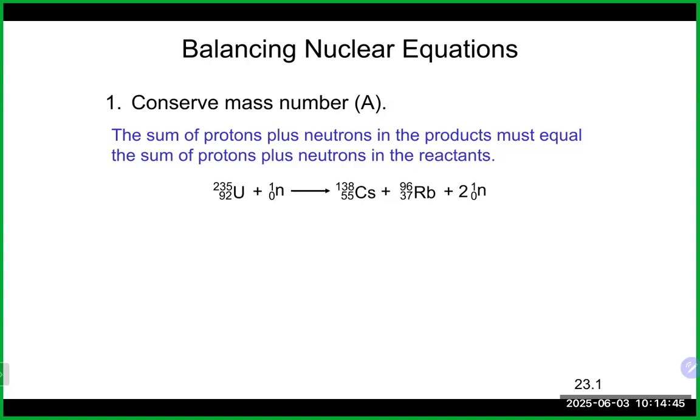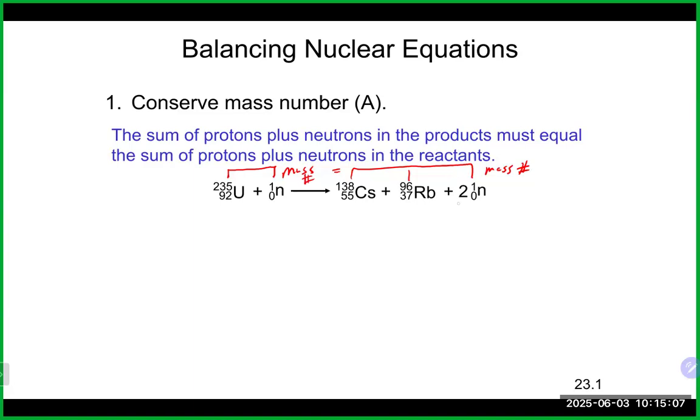When we look at the left-hand side of the arrow, all the mass numbers, when you add them up, need to equal all the mass numbers on the right-hand side of the arrow.